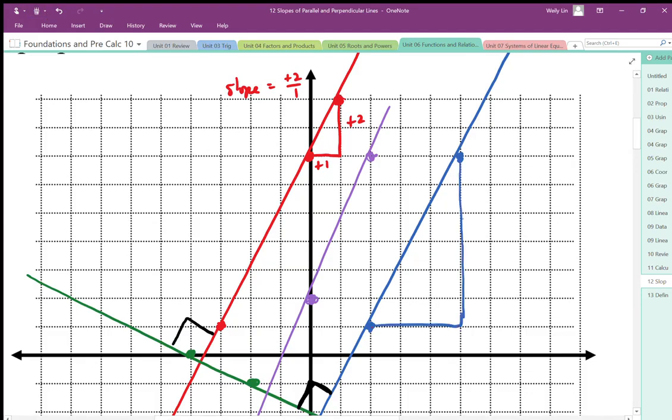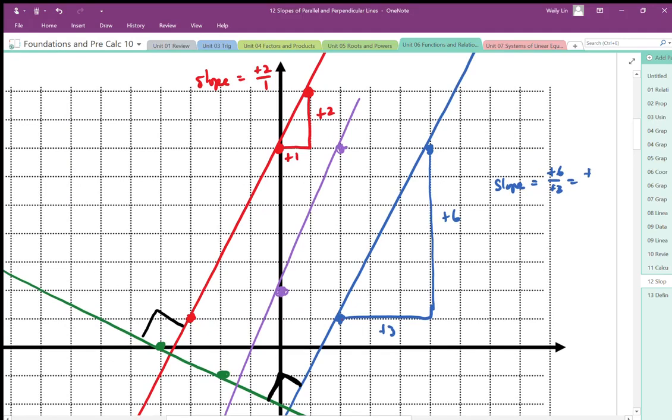In this case there's a +6, +3. So the slope of the blue line is going to be equal to +6 over +3, which simplifies to 2 to 1. Okay, so we can see that these are parallel lines. So the blue line and the red line are parallel, and we show this with these two arrows.